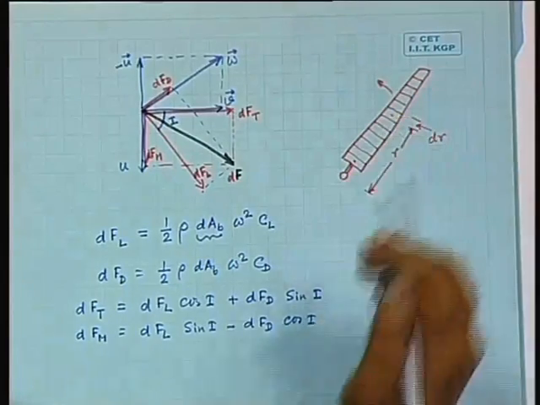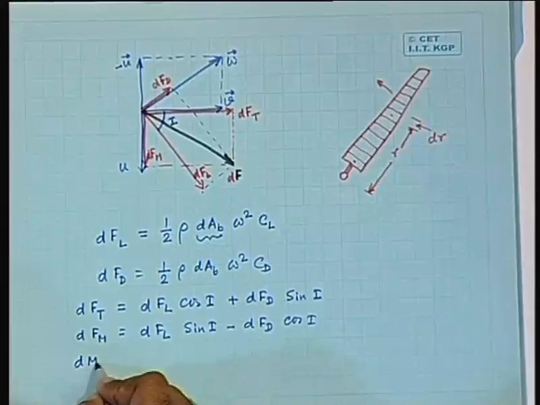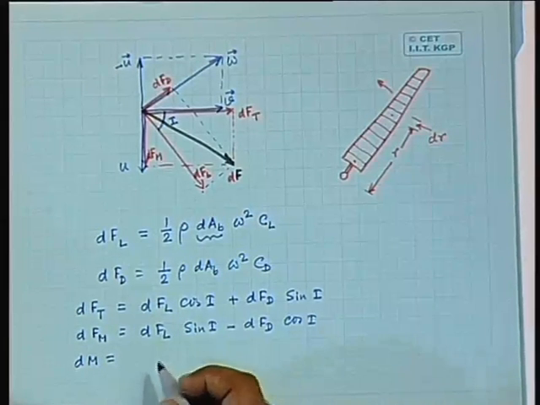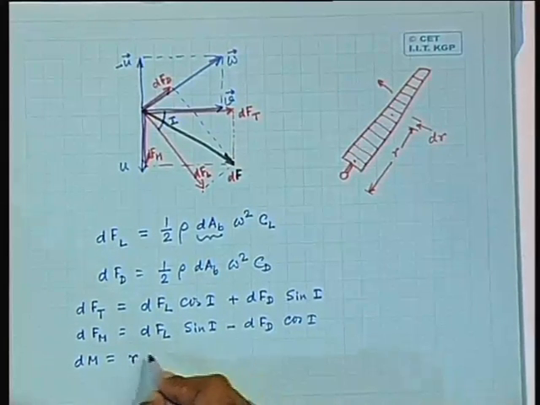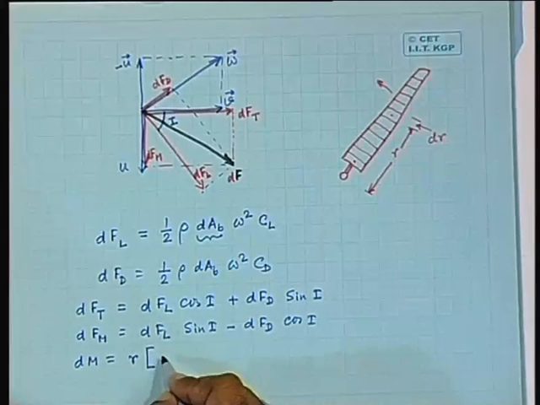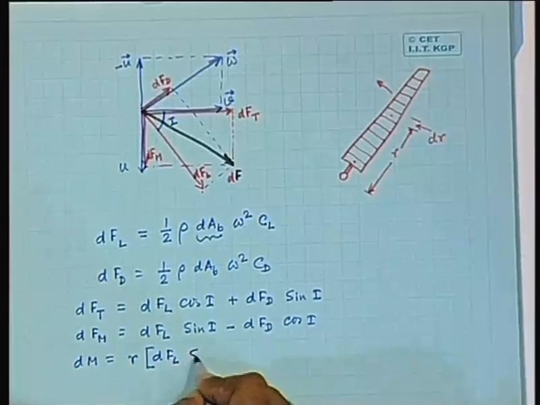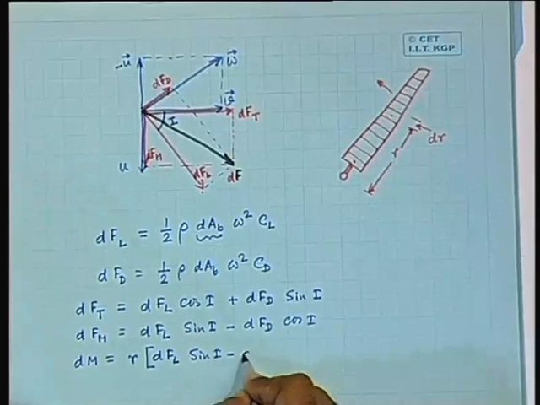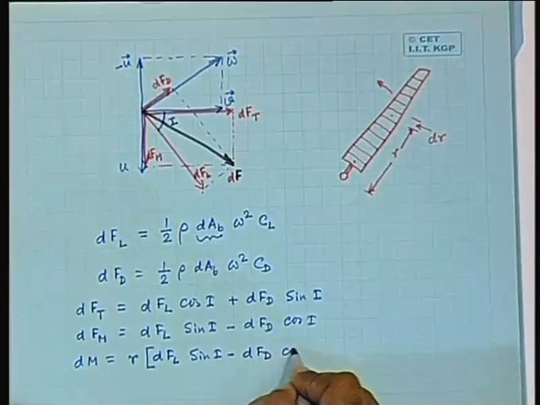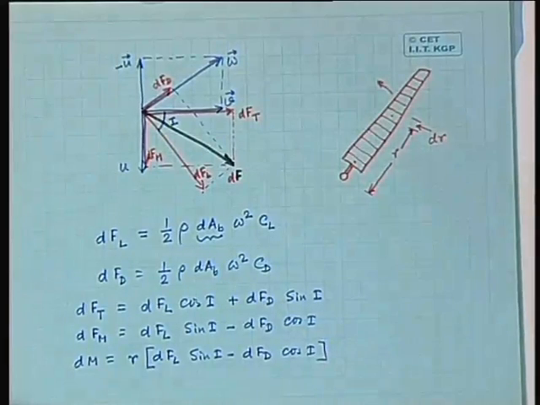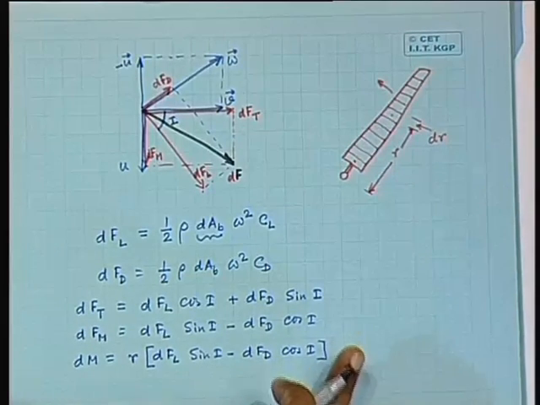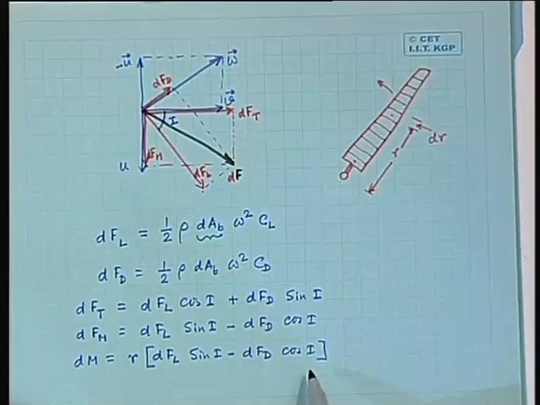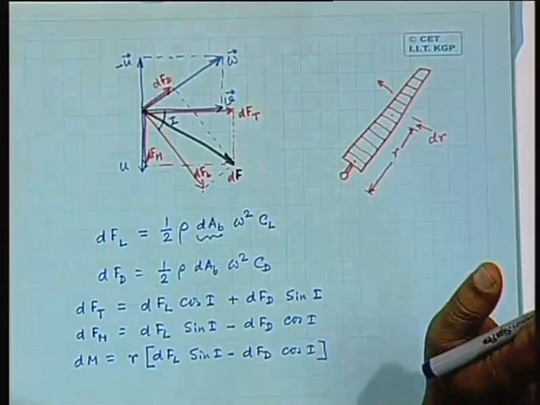Moment will be the moment producing force times R. So dM is R times that. So R into this. We can simply do the calculations from here.